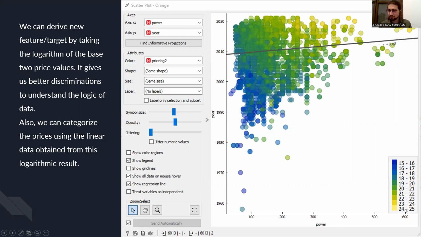There is a 2 million price, there is 1 million, and there is 500,000. So this range helps us a lot to observe the data. But if we use base 10, we cannot get an informative price range.